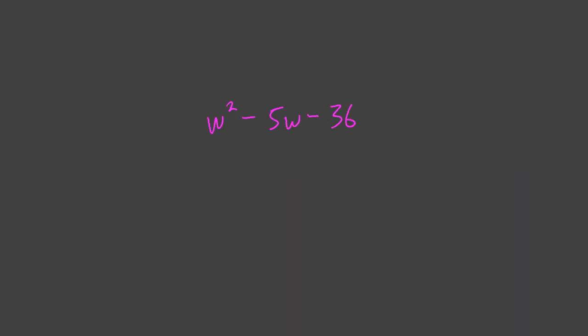w squared minus 5w minus 36. So negative 36. We have 1 and 36, 2 and 18. 3 goes in 12 times. And 4 goes in 9 times.